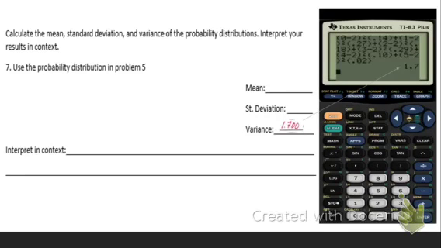Next, I calculated the variance, and the variance is how spread out the data is. Basically what I did was I took the value of x, the random variable, subtracted the mean of 2 from it, squared the difference, and then multiplied that times the probability of the outcome. So, for example, if you look at my calculator, the mean was 2.